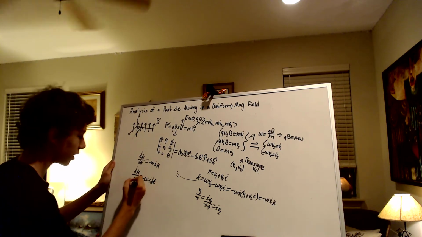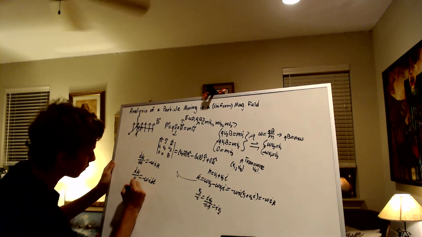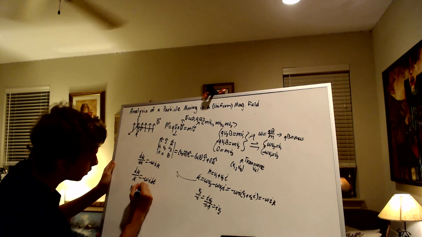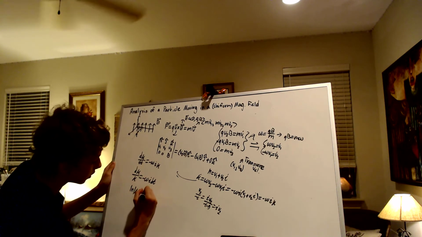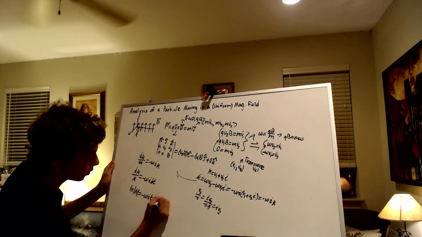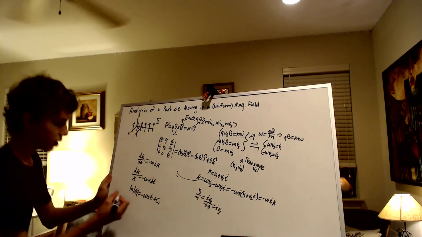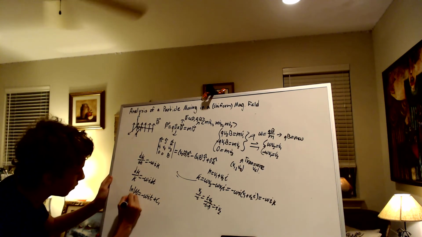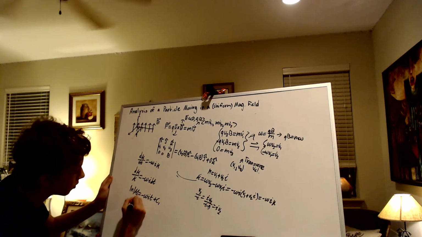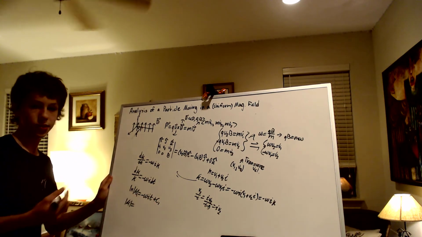Integrating both sides, we get the natural log of the absolute value of eta equals minus wi t plus c1. If we take e on both sides, we're just going to get the absolute value of eta is equal to some constant c2, which is e to the c1.